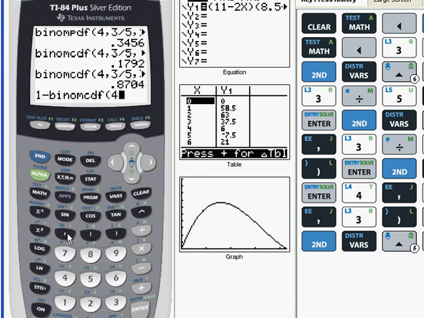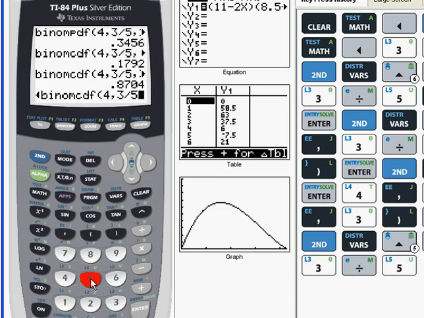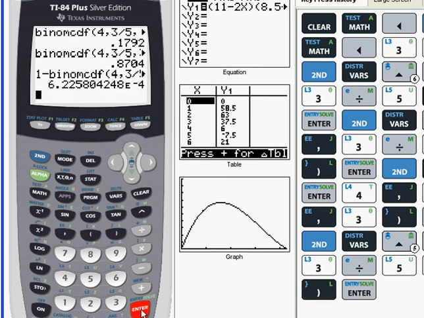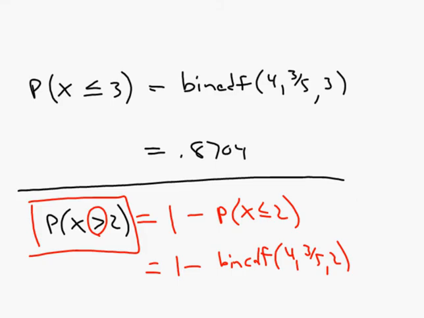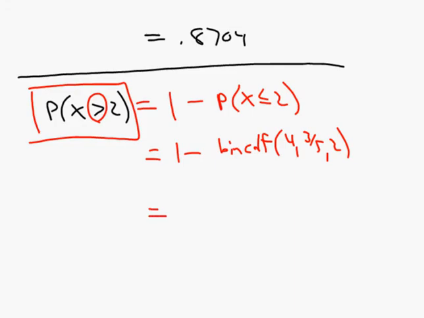So we have 4, 3/5, 2. Enter. Let's make sure I did that right. I did 3/55. Let's delete that. There we go. And we get the answer of 0.4752.